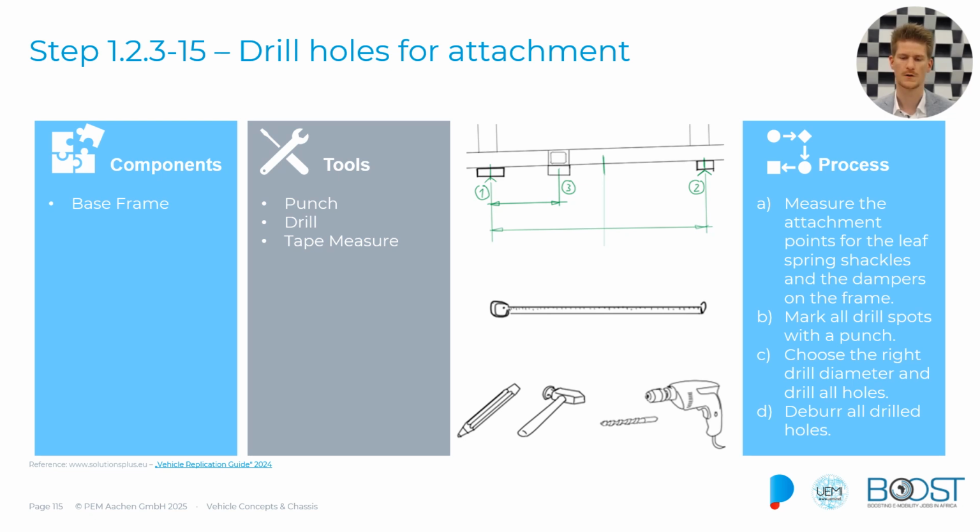We would measure the attachment points that you would need for the shackles and for the dampers. Then they are punched, and once that has been done, they will be drilled, so we have the holes that we can use. In order to ensure that the screws go through nicely, please deburr all the drilled holes.